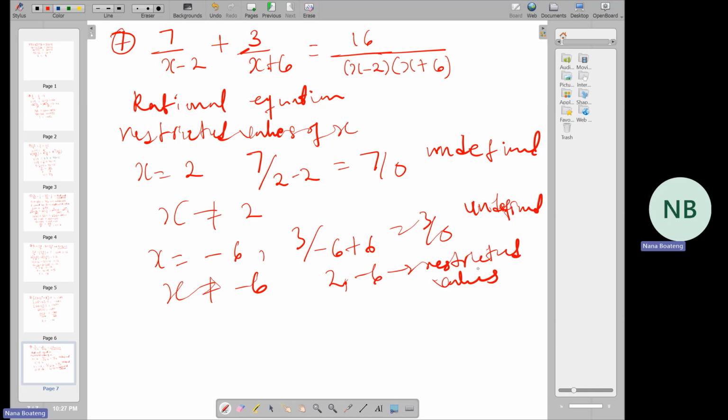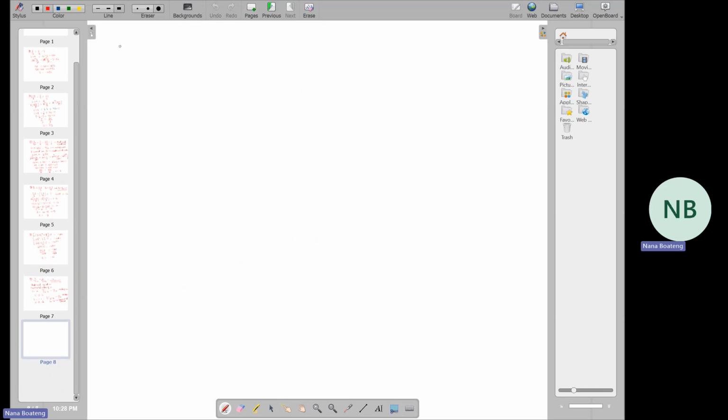All right, so now that we have found the restricted values, the next step is to look for the LCM and multiply it through.